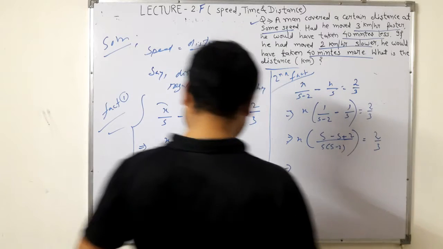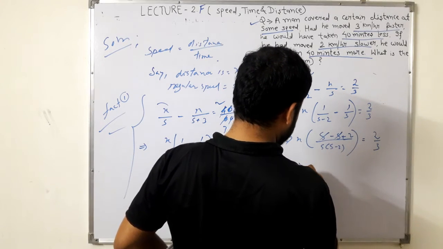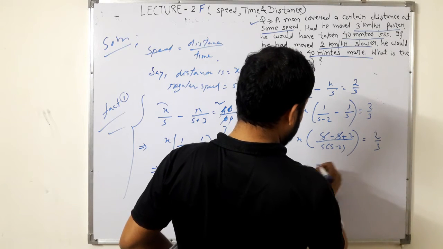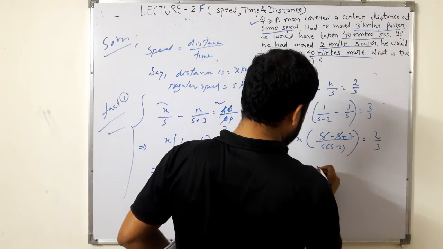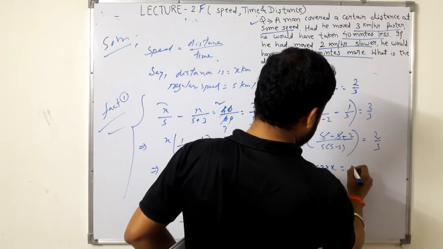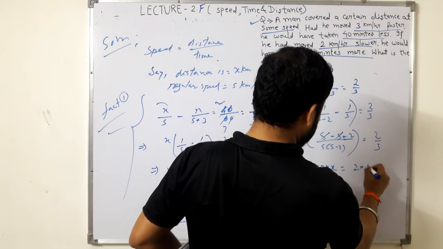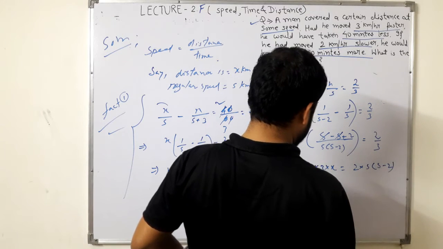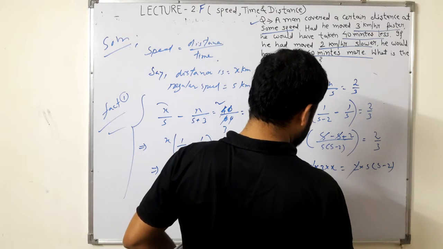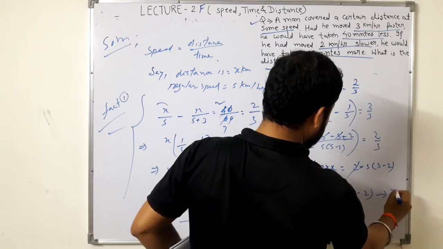So we have 2x, of course this 3 comes here, 2x into 3 is equal to 2 into s into s minus 2. So ultimately, 2 gone, thrice x is equal to s into s minus 2. This is equation number 2.